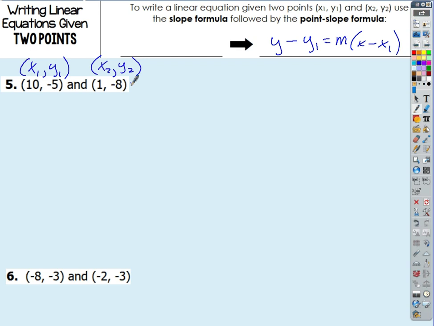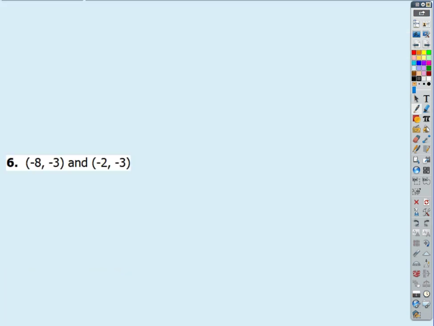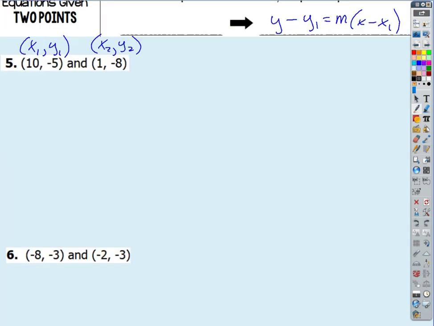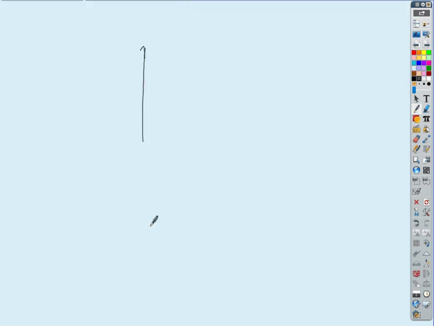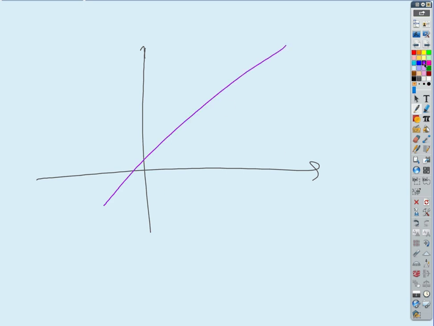If I'm looking at a graph here, I'm going to make a little graph. I want you guys to make this connection. This is really important. So I've got some random line, and on the line I've got 2 points. I've got a point there and a point there. I want to know what the slope is. Let's not even specify what these points are.